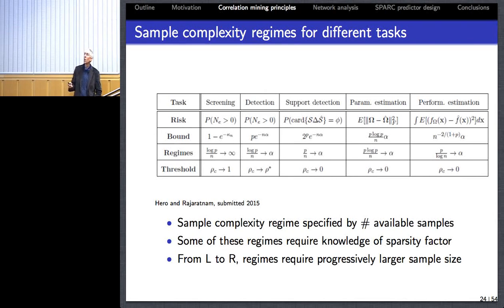So if you look at these regimes, forget about all these other. Just look at this one row.